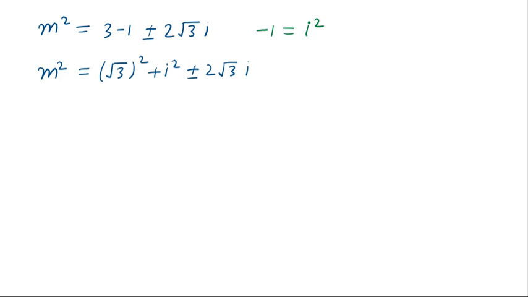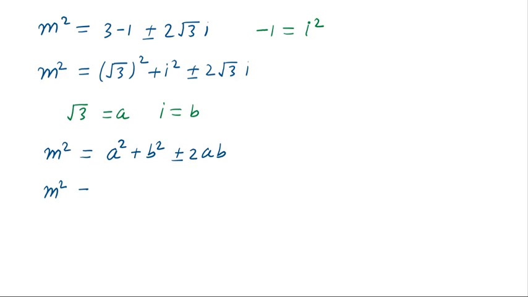Now suppose square root of 3 is equal to a and iota is equal to b. On the left hand side we have m square is equal to, replace square root of 3 by a, so a square, and iota is replaced by b, so b square, plus minus 2 times ab.